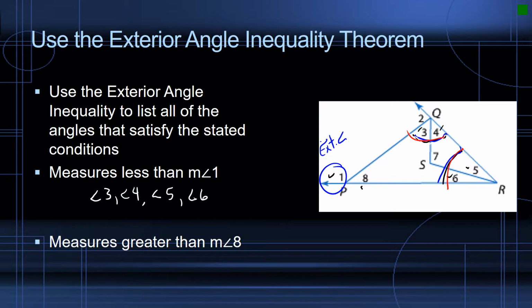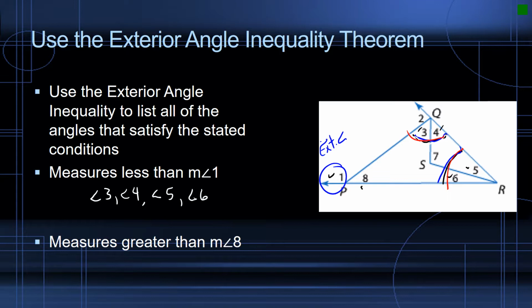Exterior angle inequality theorem. All right. And there's a lot of stuff in this that we don't even need. For instance, this little triangle that's embedded inside, well, it doesn't have anything to do with that exterior angle 1. It's just kind of there to trip us up, which is part of what makes us think critically.